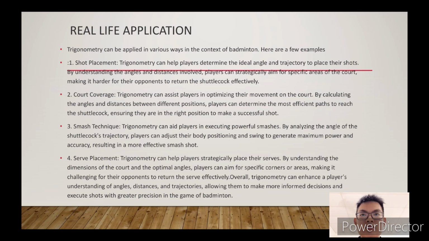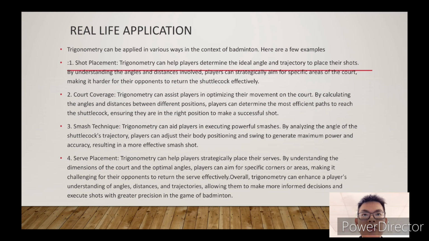Then I want to talk about the information for real-life application. First, trigonometry can be applied in various ways in the context of badminton. Here are a few examples. For example 1, shot placement.